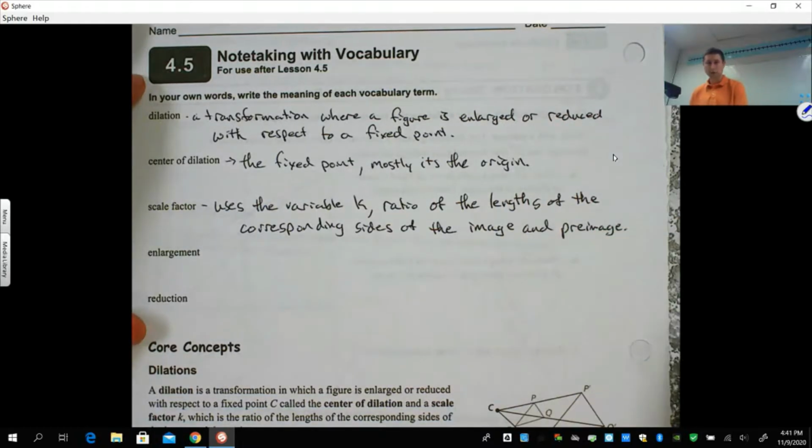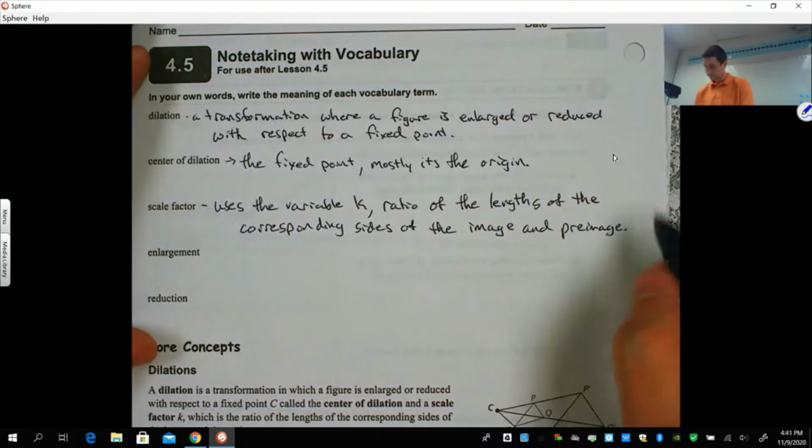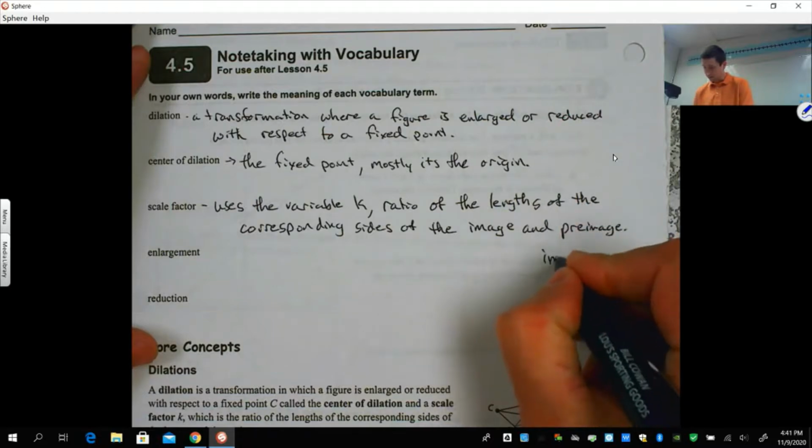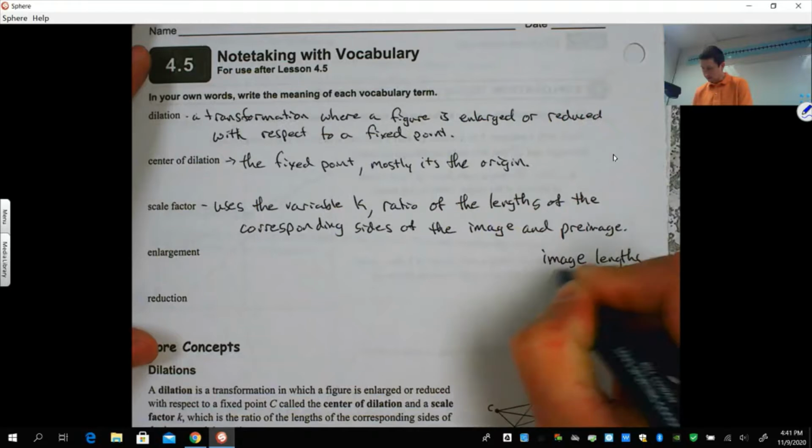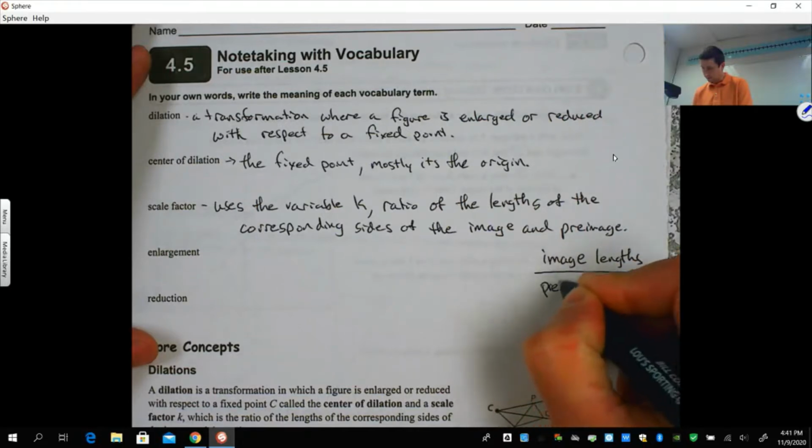Okay, image is going to go on first. So we can say it's the image lengths divided by the pre-image lengths.